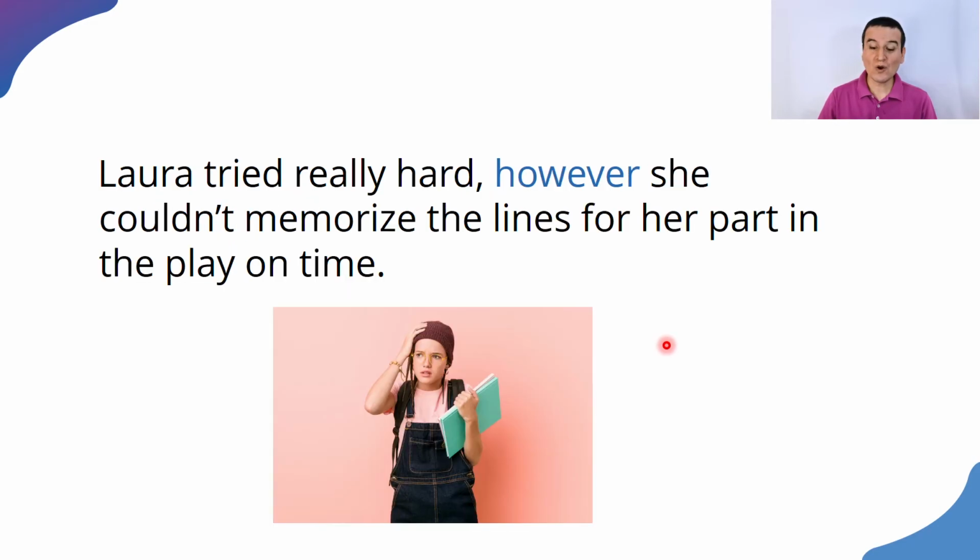Next, Laura tried really hard. However, she couldn't memorize the lines for her part in the play on time. Laura tried really hard. She was preparing herself for this. However, she couldn't memorize. She was not able to memorize the lines for her part.